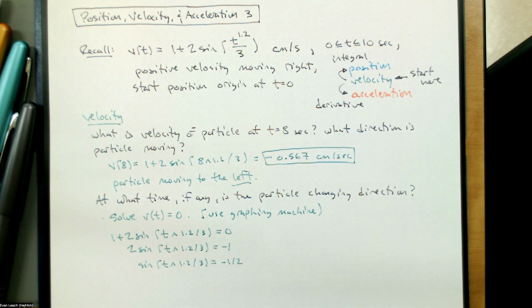Now the problem here is we don't want to sine inverse on our calculator because if sine of something is equal to 1/2, that's going to give us something in the fourth quadrant. Sine inverse for the calculator is a very specific thing.